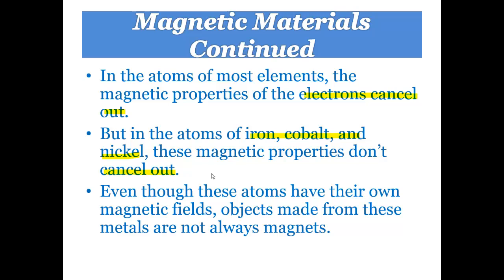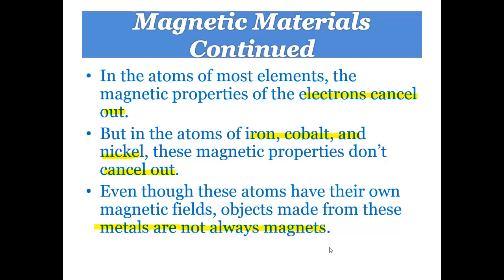And even though these atoms have their own magnetic fields, these metals are not always magnets. So they have this ability to be magnets, but that doesn't always mean they are magnets. The electrons give them the ability, but they don't always become magnets. So step one, they have the special electrons to become magnets.